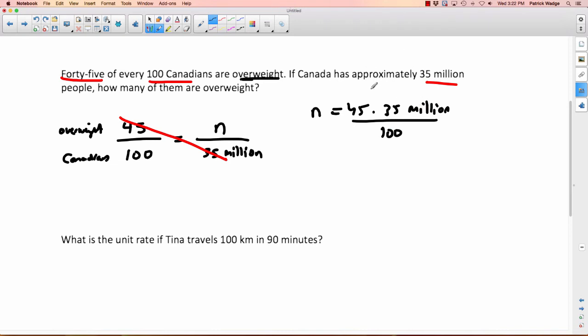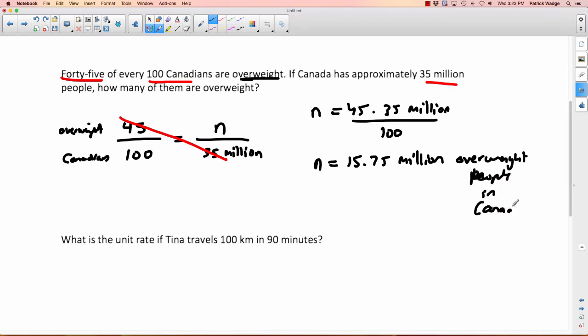Or if you want, 35 million is 35 with 6 zeros after it. So it's up to you. And you end up with 15.75 million. What's that referring to? Remember, that's the number of overweight people in Canada. So there's 15.75 million overweight people in Canada. It's quite a few, isn't it?